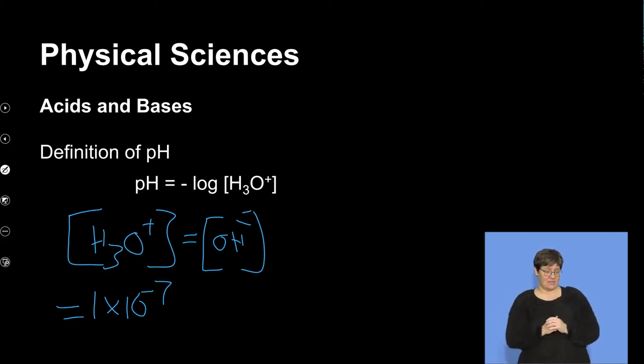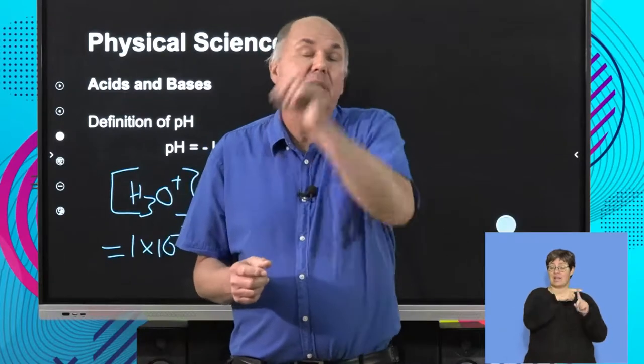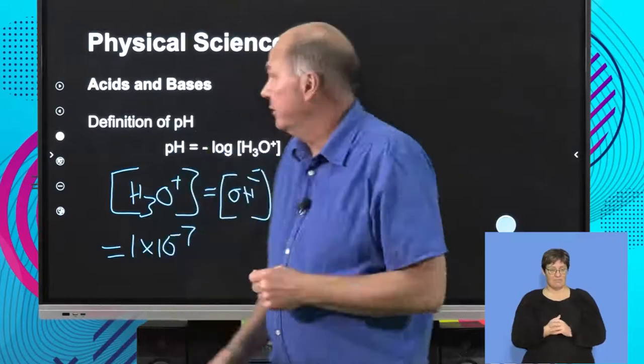And if you multiply that together, then you'll get 1 times 10 to the minus 14. So by looking at the log of the hydrogen ion concentration, the minus 7 becomes 7. So it's actually quite intuitive in that respect.